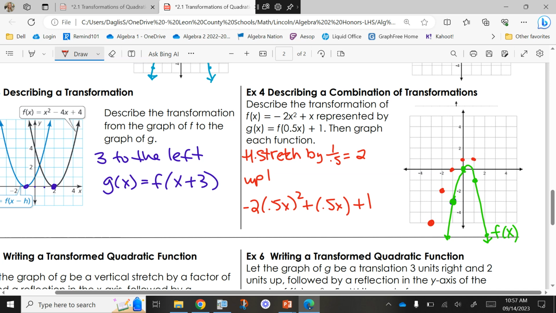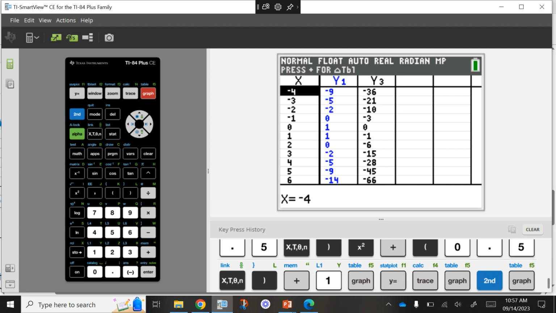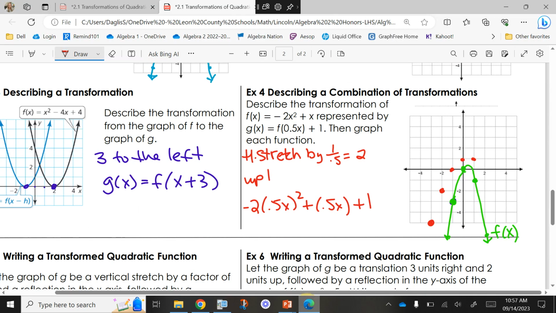So I know the vertex is in between there somewhere, right? And then my other side, 2, 0, 3, -2. And then I believe it was 4, -5. Or it was 3, -5. What is it? No, I was right. 4, -5. There we go. That's our transformation.